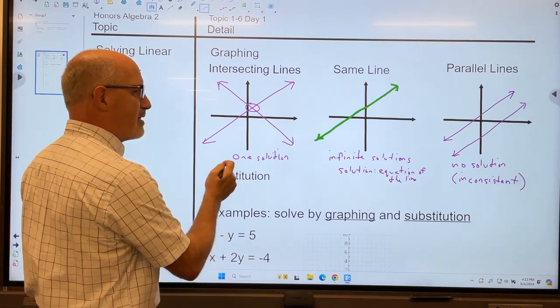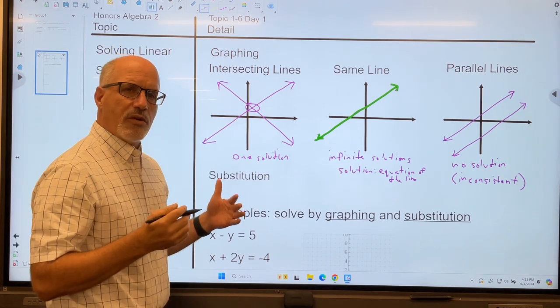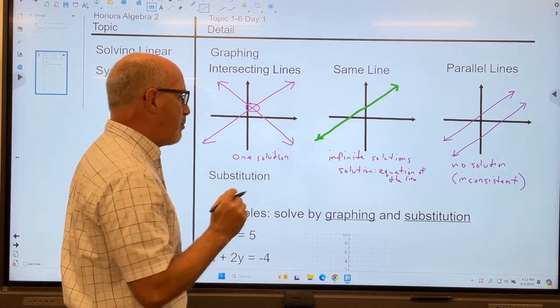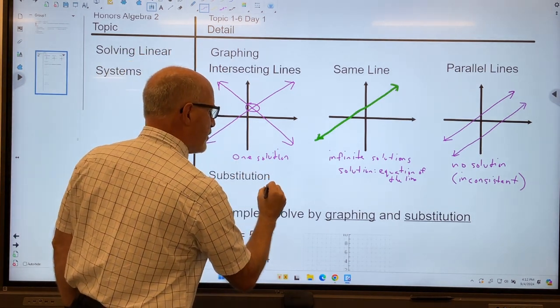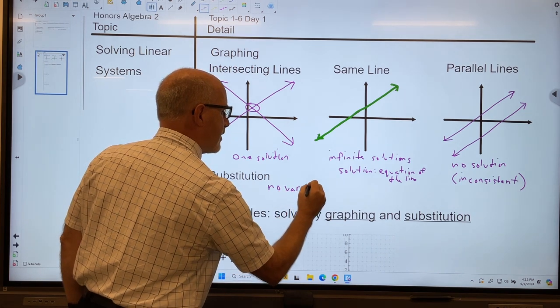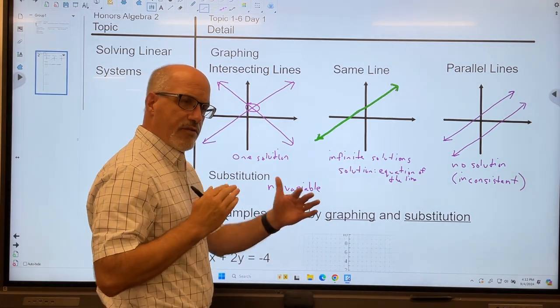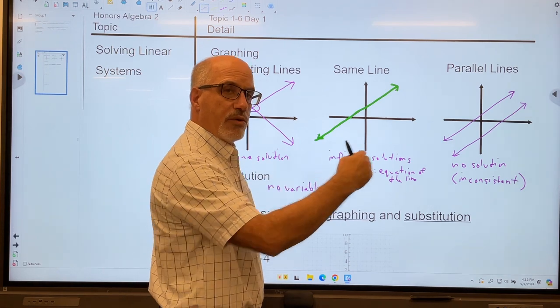When we solve by substitution and we get one solution, it will become pretty clear. You get an x and a y and you're done. But what happens if you solve and you have no variable left? Okay, no variable, so you have a number equal to another number.